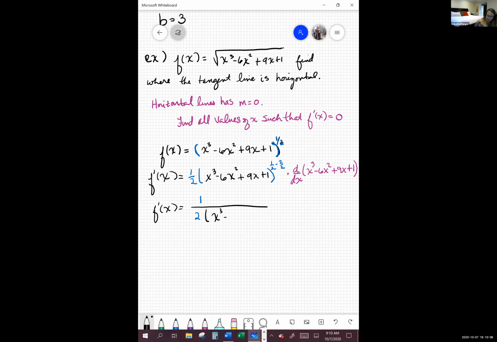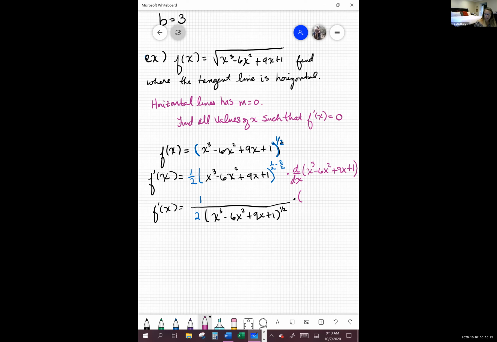So x cubed minus 6x squared plus 9x plus 1 to the 1/2, times, so derivative of the inside.